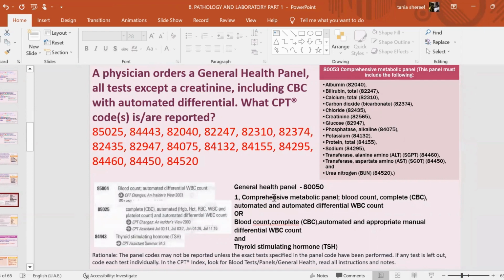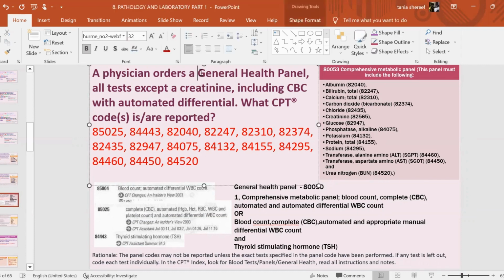General health panel means comprehensive metabolic panel. So comprehensive metabolic panel is 80053, with creatinine. So if creatinine is not there, then we should report each code separately. Why? Only if creatinine is included, we can say this is a panel. If creatinine is not included, we cannot say this is a comprehensive metabolic panel.